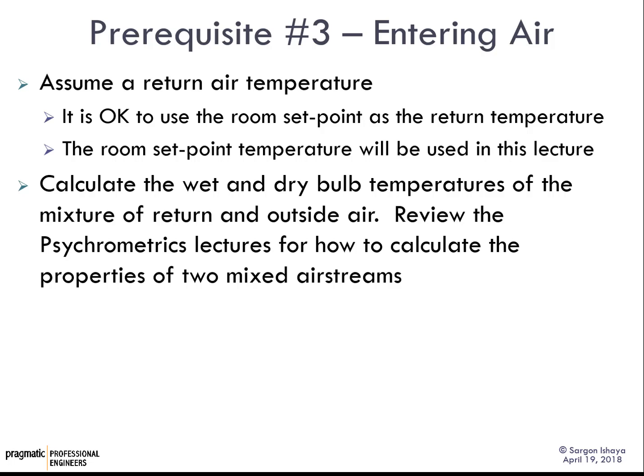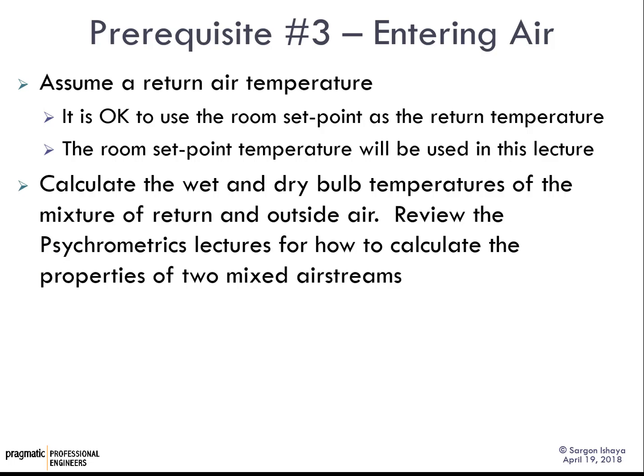The dry bulb temperature of the return air in this lecture is going to be the room set point. So I'm also talking about relative humidity there. You would take out a psychrometric chart. You could probably assume 50% relative humidity in the room at 72 degrees, which is what our return air condition is in this exercise.